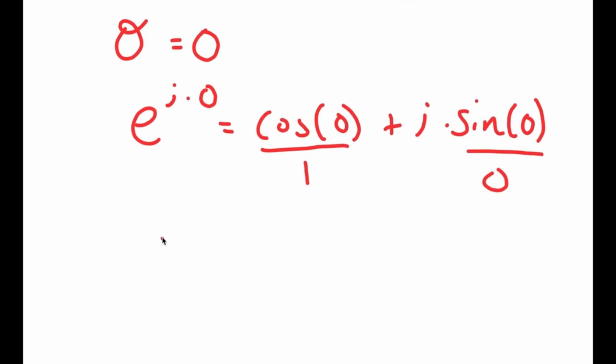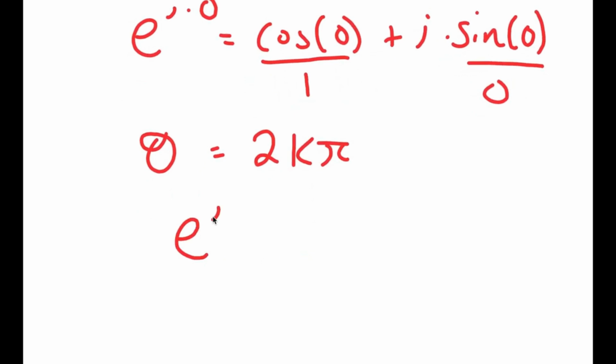So I get theta is equal to 2k pi. Now, if this is true, then e to the power of i times 2k pi is equal to 1.